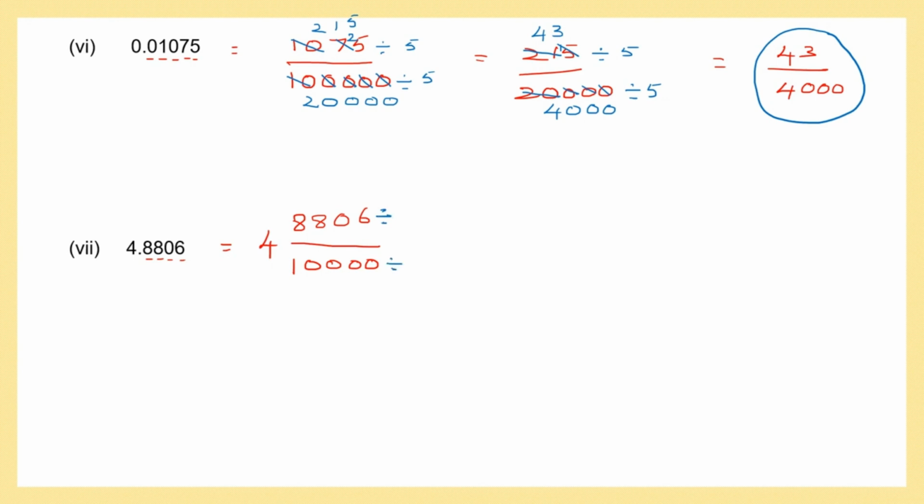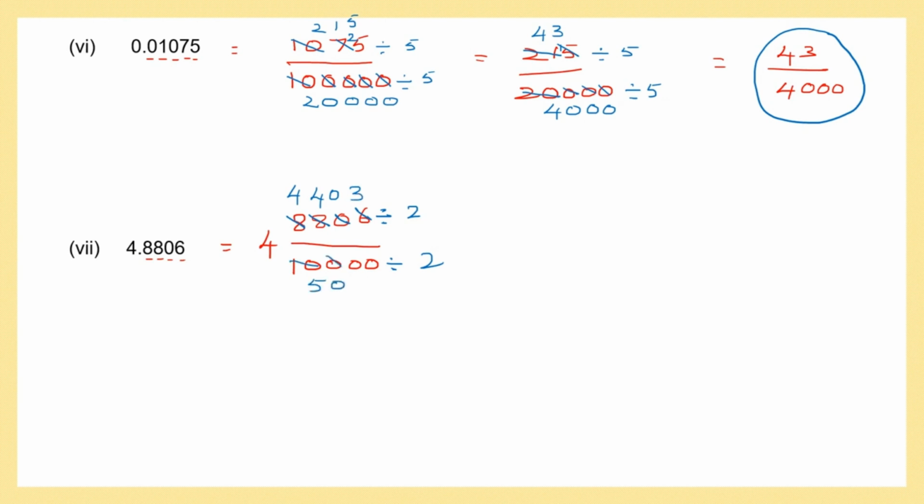Now both are divisible by 2. So let's divide both by 2. 2 fours are 8. 2 fours are 8. Bring the 0. 2 threes are 6. Let's look at the denominator now. 2 fives are 10.